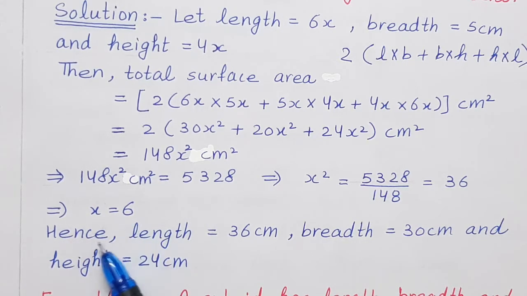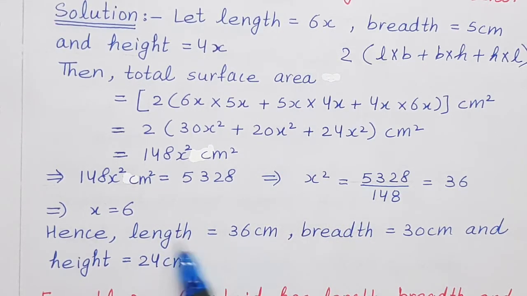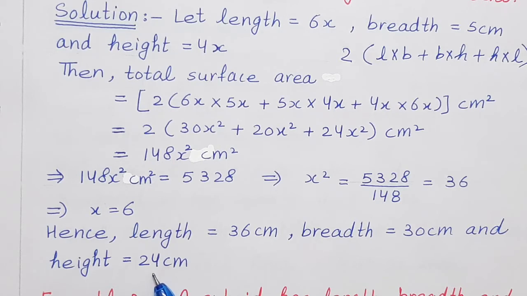Therefore length is 6x, that is 6 sixes are 36. Breadth is 5x, that is 5 sixes are 30. And similarly height is 24 centimeter. I hope it is clear to everyone. Now let us discuss another example.